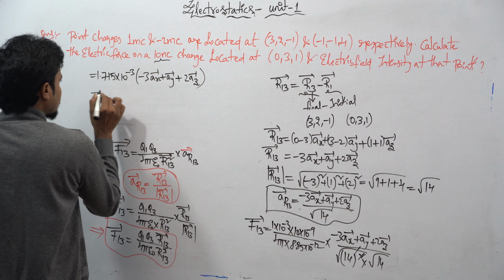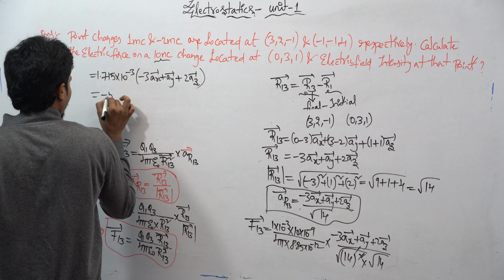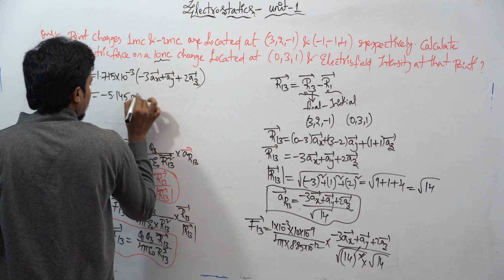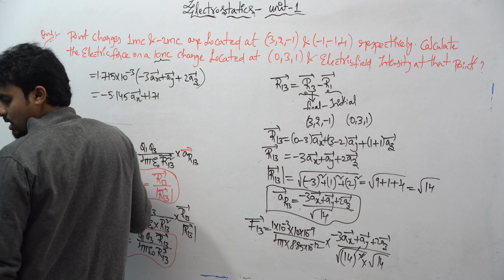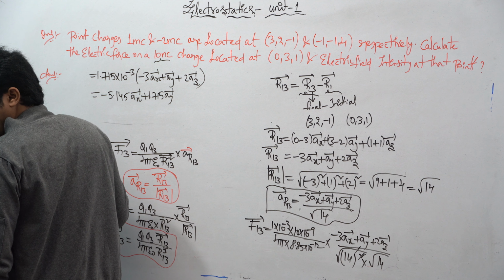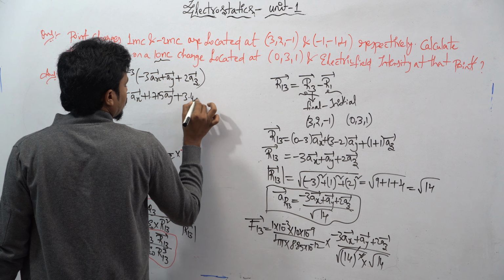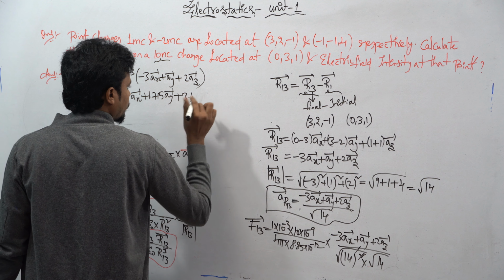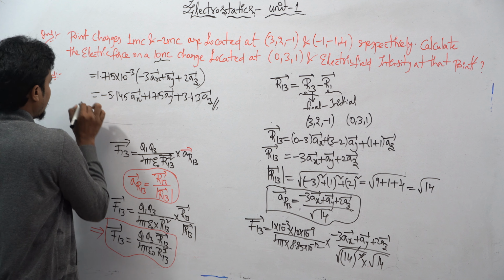So you just have to multiply, this will become minus 5.145 ax bar plus 1.715 ay bar plus 3.43 az bar. Okay, so this be your F13 bar.